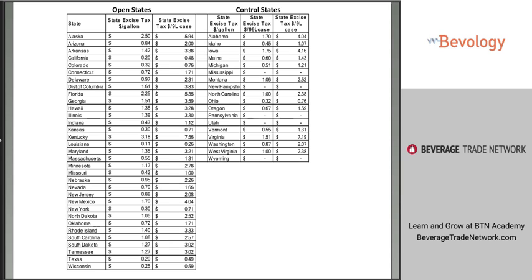Now, these may vary a little depending if it's over 14% alcohol, and as you know or may not know, the federal tax on wine changes when it gets above 14%, or if it's sparkling wine. So again, I'm only using these standards here for still wine under 14% alcohol. But it matters because look at the difference. Here's Alaska at $5.94 a case compared with Louisiana at 26 cents a case.